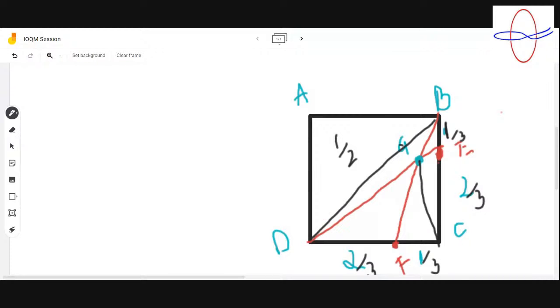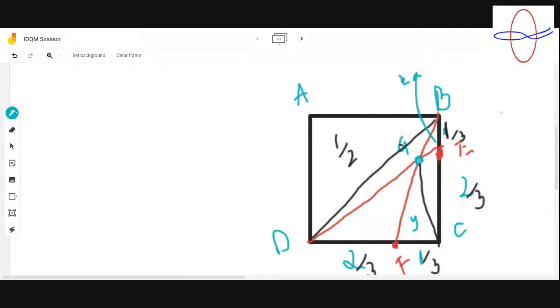Let's assume this area, the area of BGE, is X, okay? And let's assume this area is Y. Therefore, what will be the area of EGC?